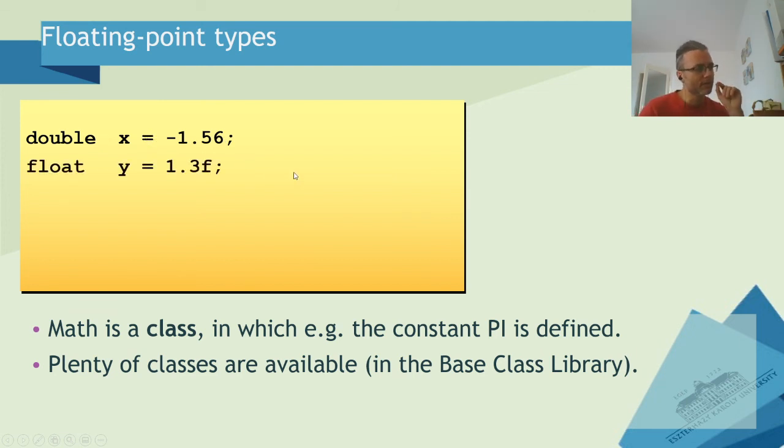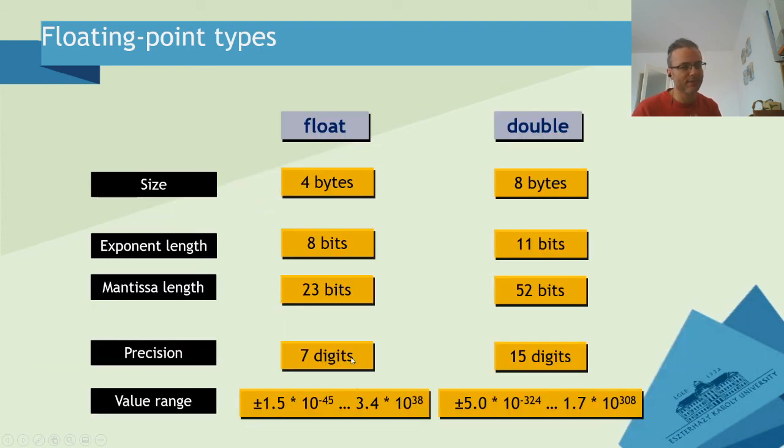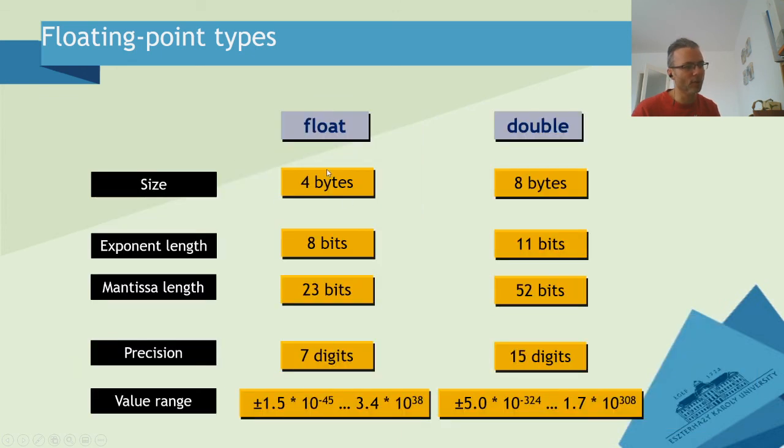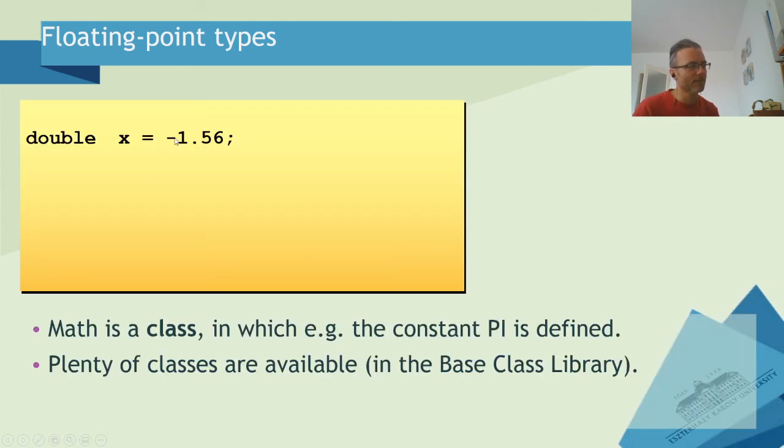Even if you look at this number, it's quite obvious that float would be quite sufficient because we have only 2 decimal digits, so the float type is quite sufficient to store such a value.